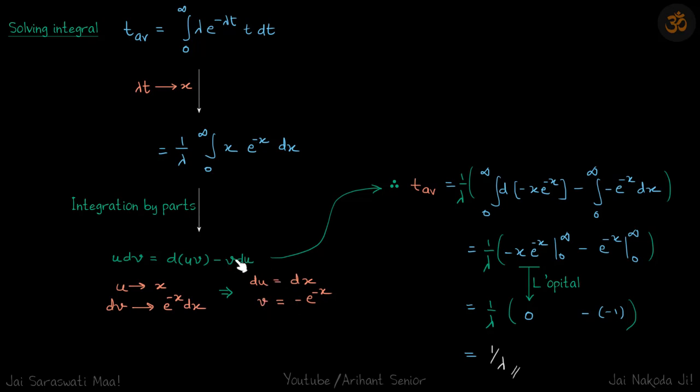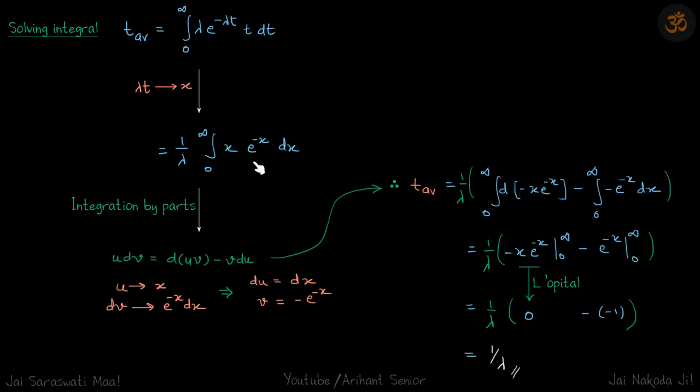We put these values here, and what we get is t average equal to 1 by lambda times the integral of d of uv minus the integral of v du. The first term is the integral of d of something, so it will come out completely, and the integral of e to the power minus x dx is simply minus e to the power minus x.